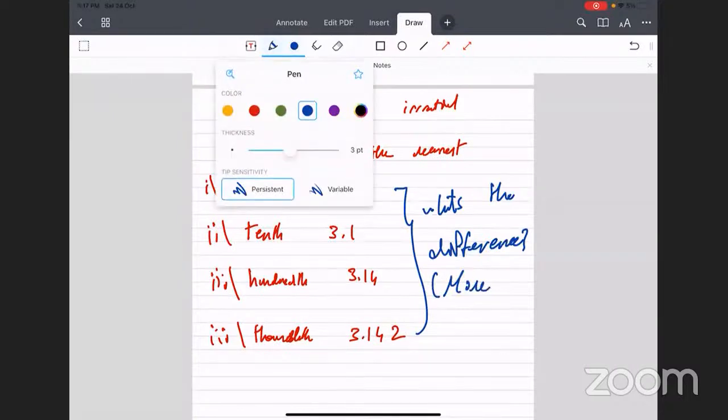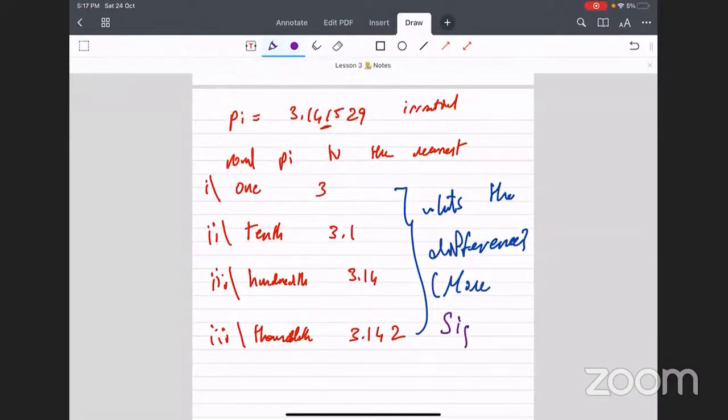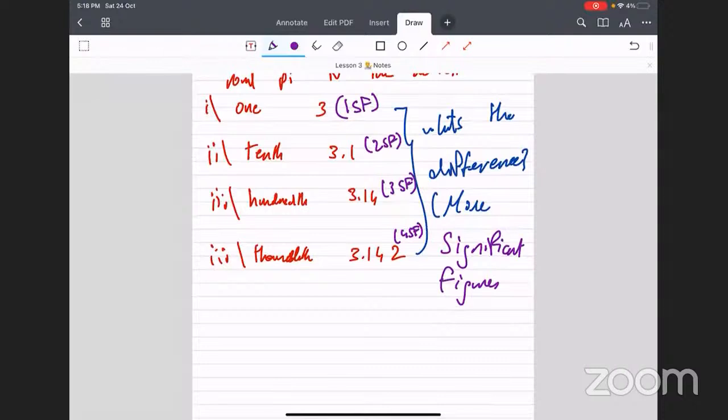We've got a name for this: significant figures. Yes, more significant figures would be more accuracy. This is called one significant figure, two significant figures, three significant figures, four significant figures. So as we go down, we have more significant figures.